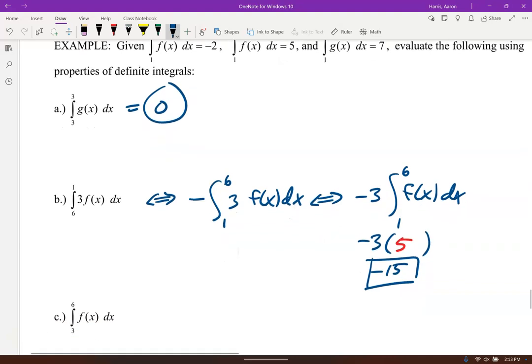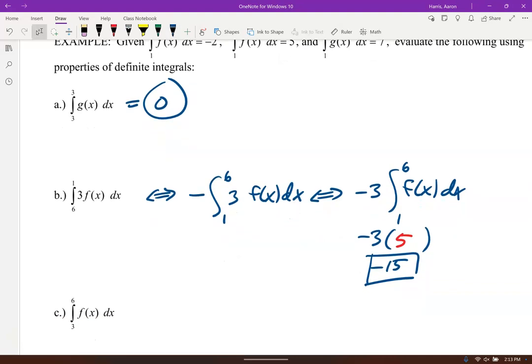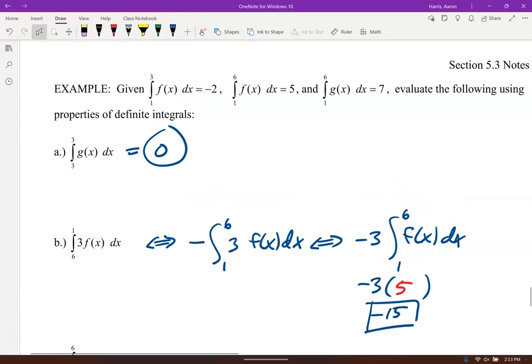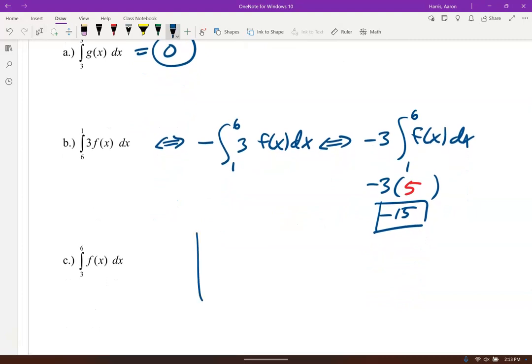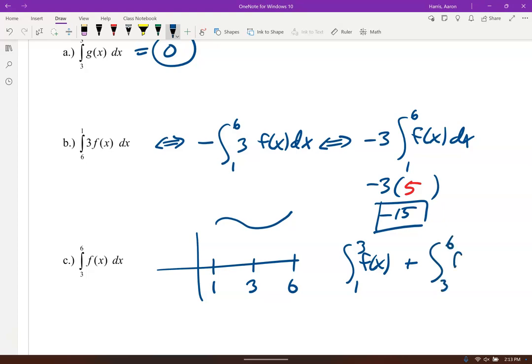Let's do the next one. 3 to 6 of f of x. So I'm looking up here and I'm like, I don't have a 3 to 6. I have a 1 to 3. I have a 1 to 6. The other one's a g of x, by the way. But this is just 3 to 6 f of x. Well, if you think about it, if you're going from 1 to 6, then wouldn't the integral from 1 to 3 plus the integral from 3 to 6 be the integral from 1 to 6?